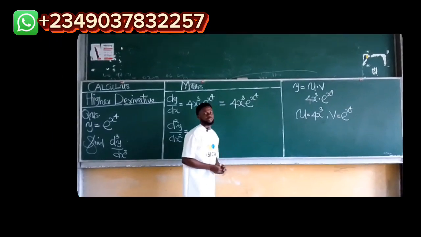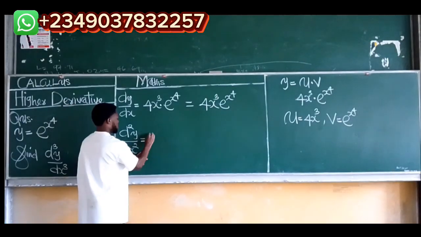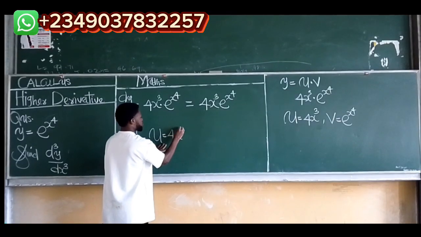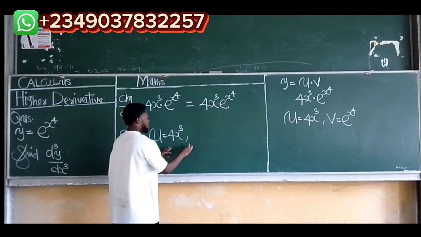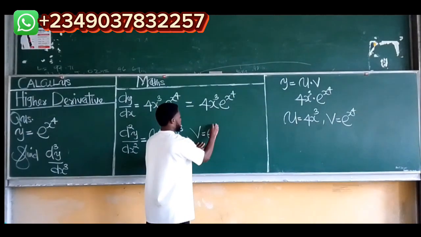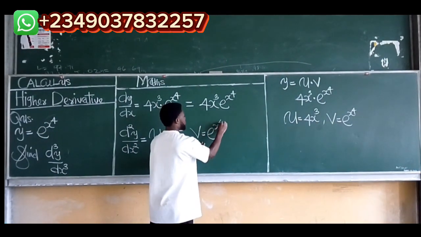That is the simple logic. u is equal to 4x^3, and v is equal to e^(x^4).